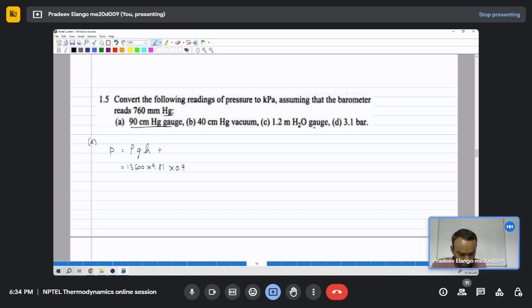So we have atmospheric pressure, P atm, and atmospheric pressure is again given as 760 mm mercury. So 13,600 into 9.81 into 0.76 meters. So we can find the absolute pressure.